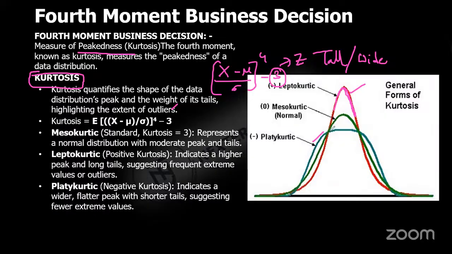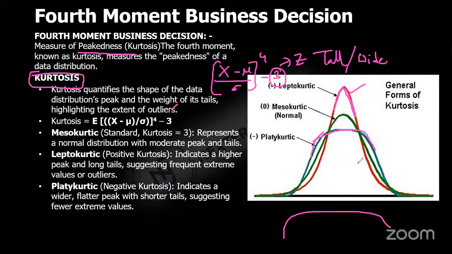In the same way, for negative kurtosis, you will find a wide peak. Instead of a sharp or tall peak, the peak will be wide. So if you have negative kurtosis data, you will observe that the data is spread across the plot. It is not concentrated at one particular position.